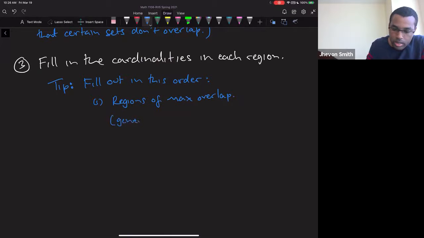Generally, fill out regions with more overlap before regions with less.